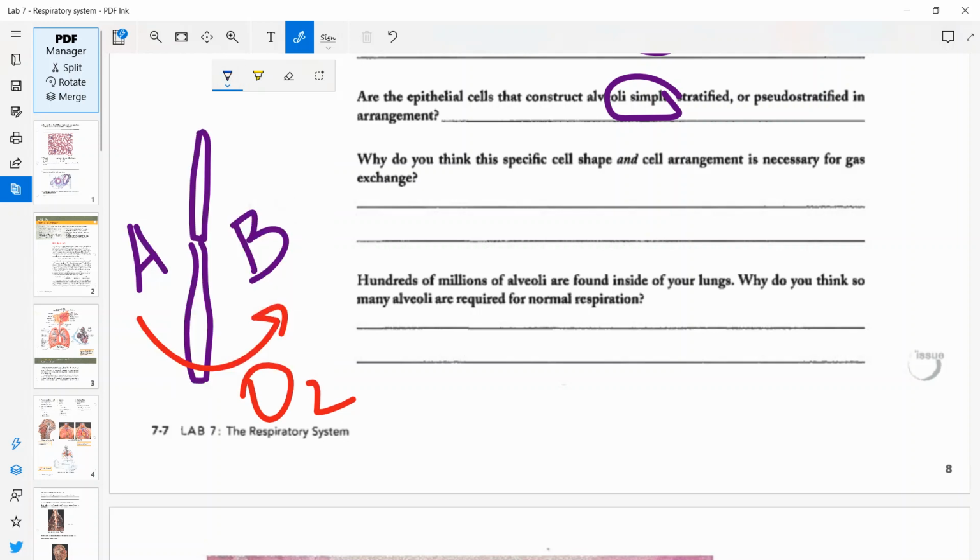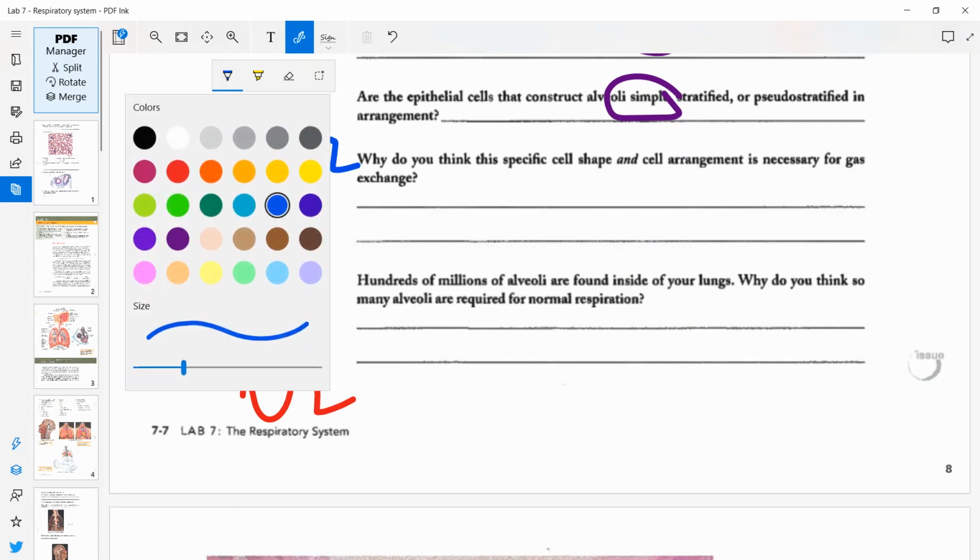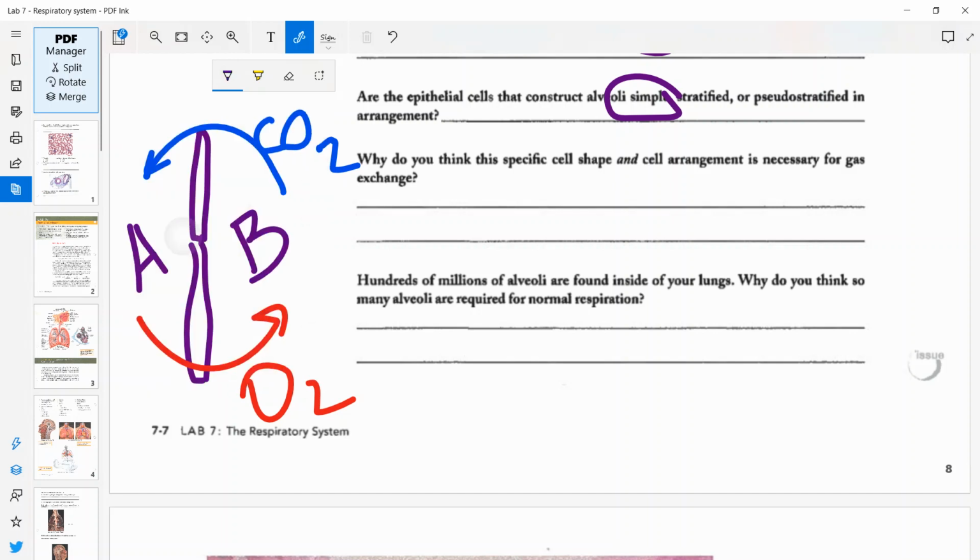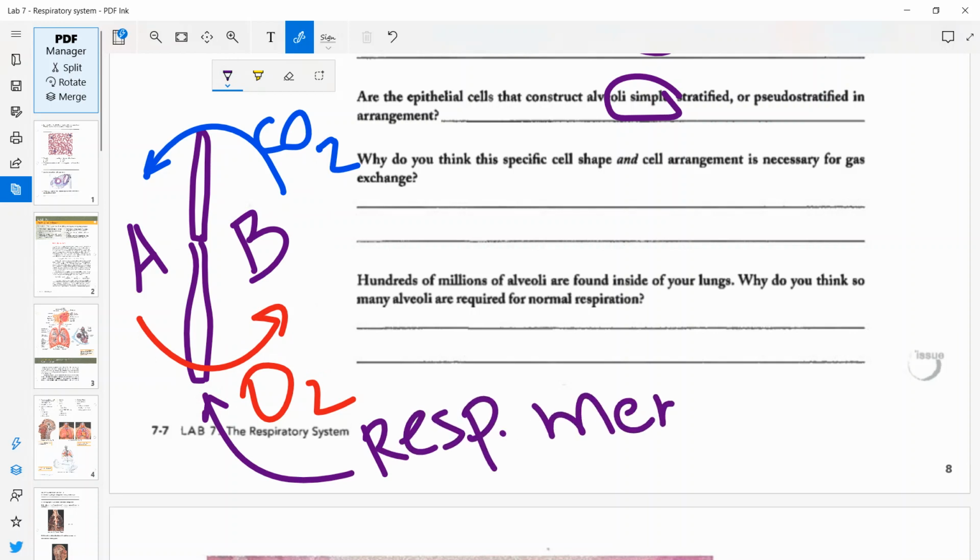And for CO2, it will be really easy to go from the blood into the alveoli and be exhaled. So that's the explanation. The actual name of that structure, right here, is the respiratory membrane. The respiratory membrane is thin in this case.